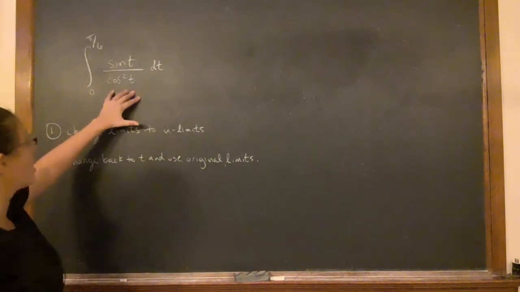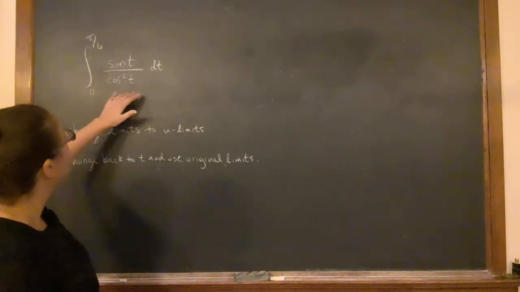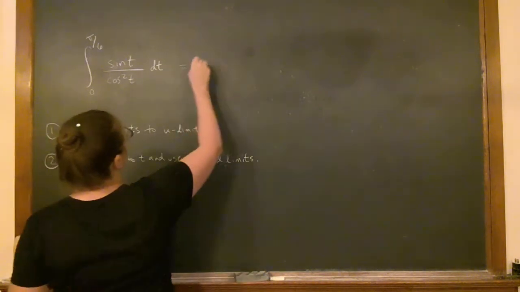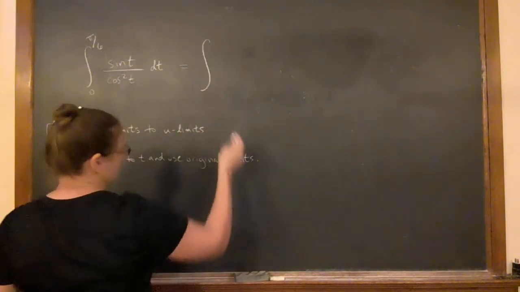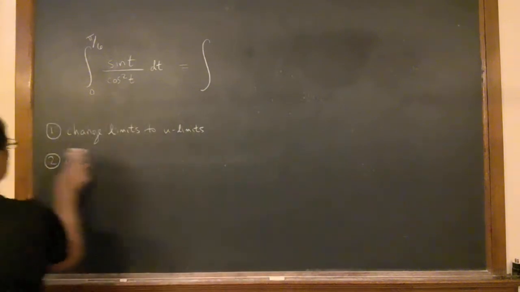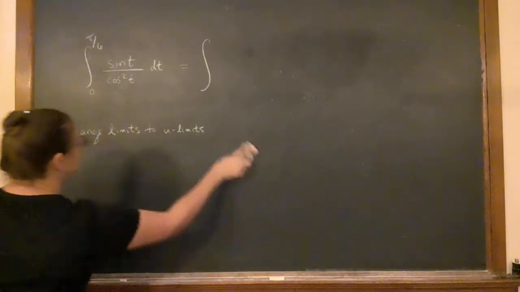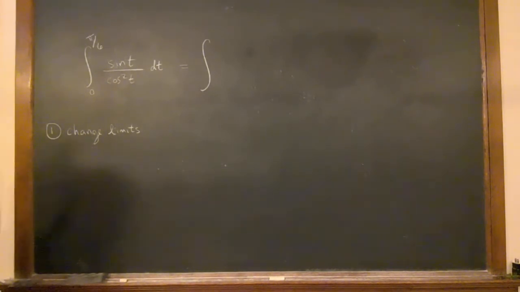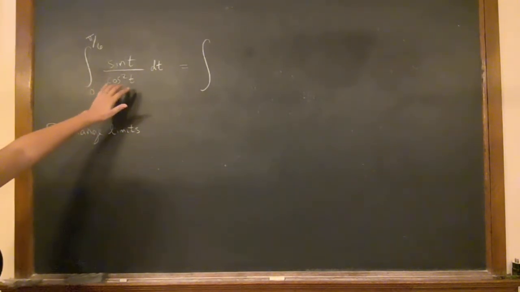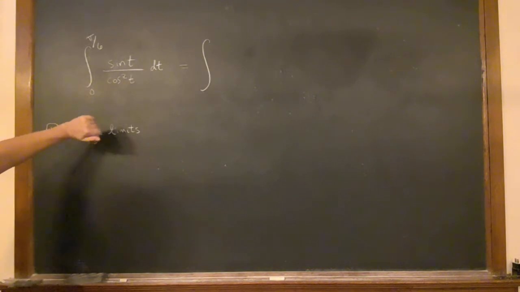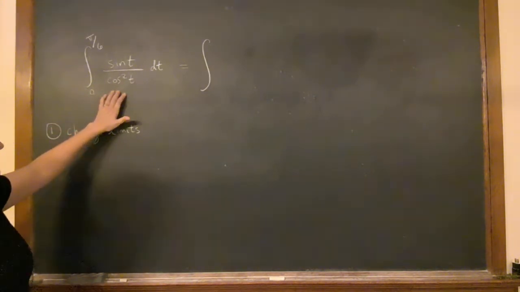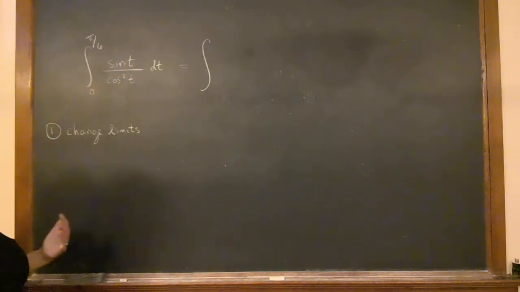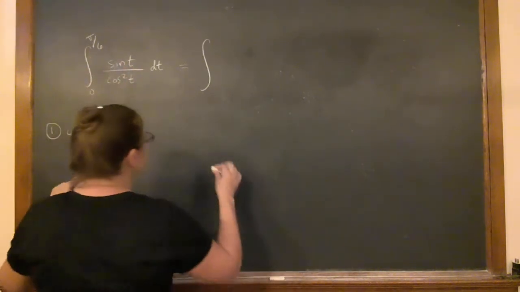This is not a hard problem, right? It's very similar to one we saw before. We're going to change the limits. We're going to let u be cosine t, because then I'll have u squared in the bottom, and sine t is just going to be my du.